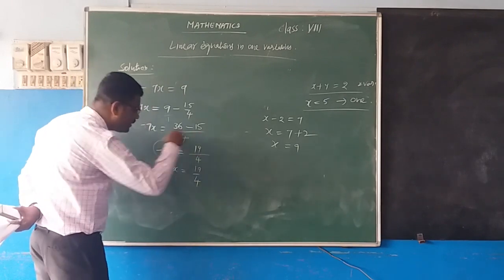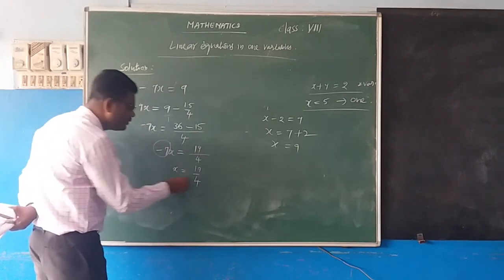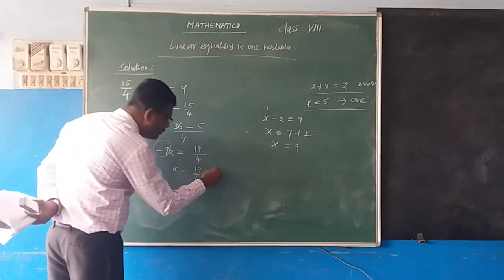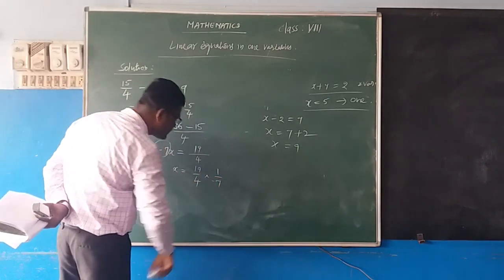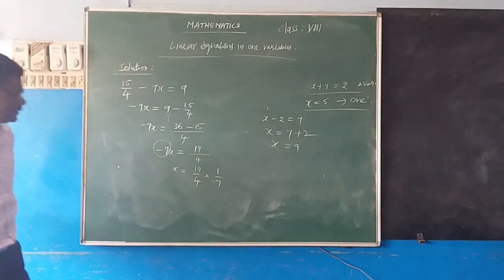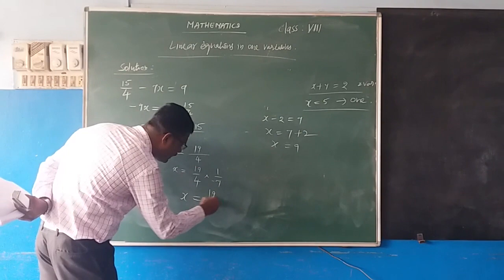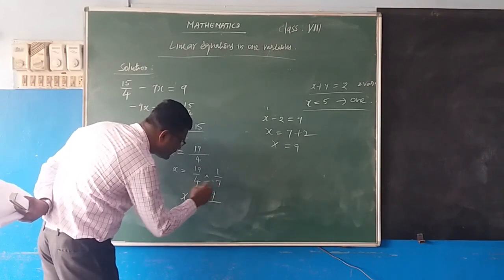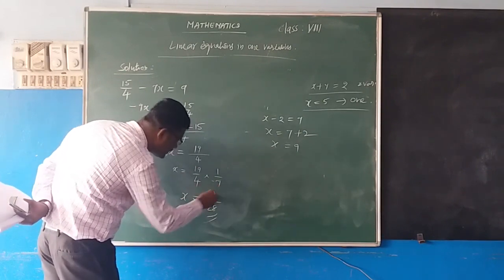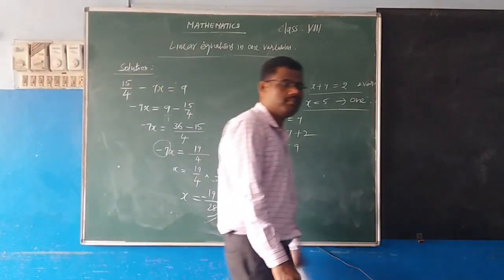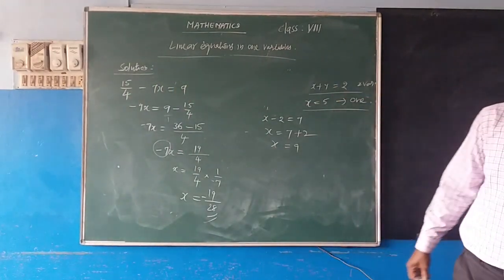When it comes this side, it becomes, any guesses? Into 1 by minus 7. So x is equal to 19 ones are 19 divided by 4 sevens are 28. So the answer's sign is minus. So minus 19 by 28 is the answer.